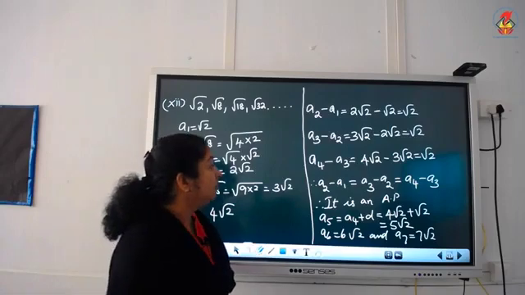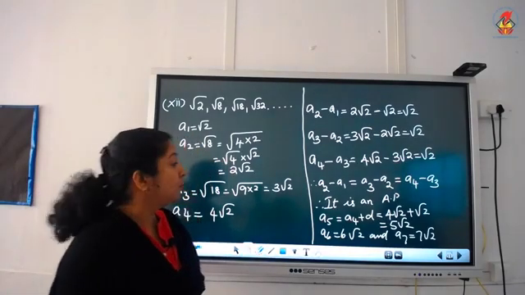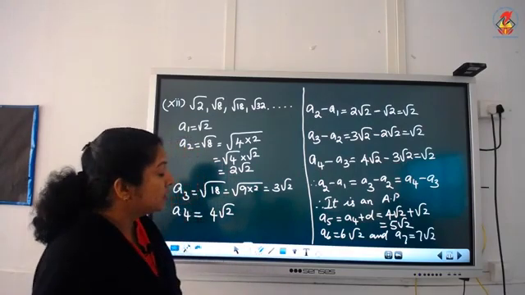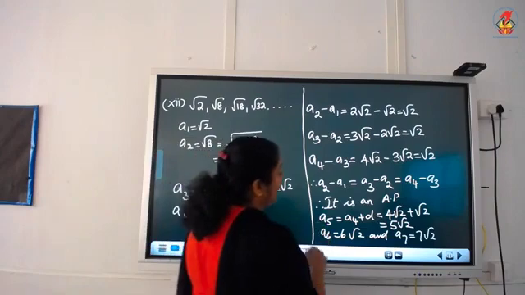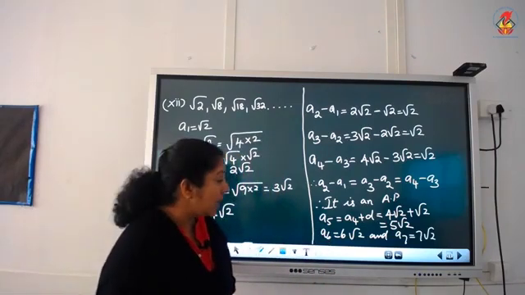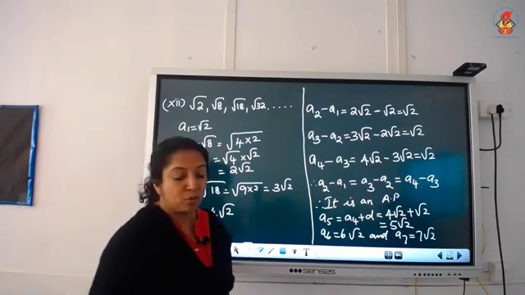So, we got A4 minus A3 is equal to A3 minus A2 is equal to A2 minus A1 is equal to D, that is equal to root 2. So, it is an AP, and A5 is A4 plus D, which is equal to 5 root 2. Similarly, A6 is equal to 6 root 2 and A7 is equal to 7 root 2.